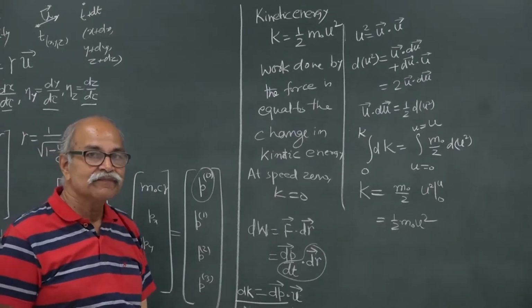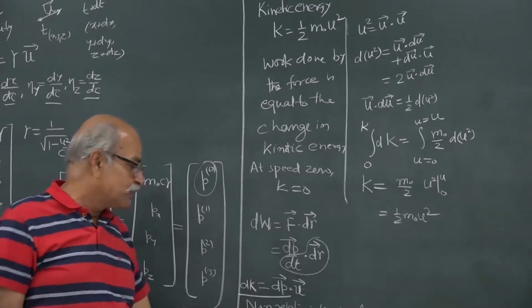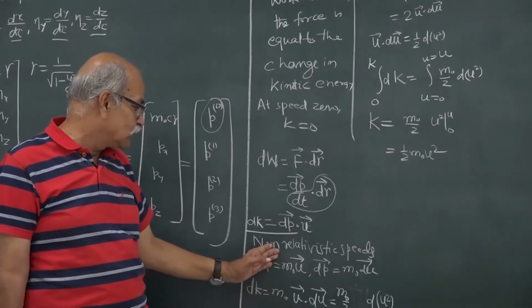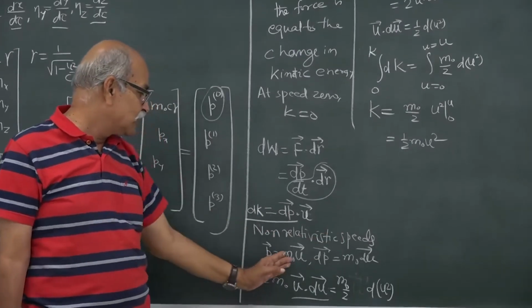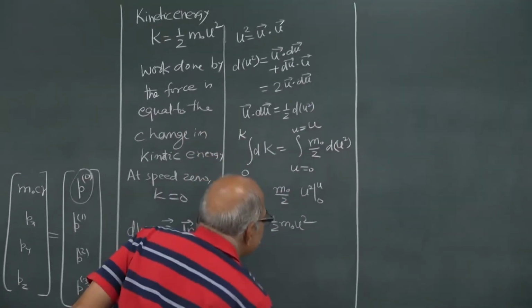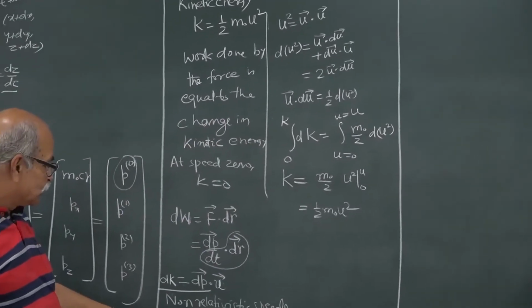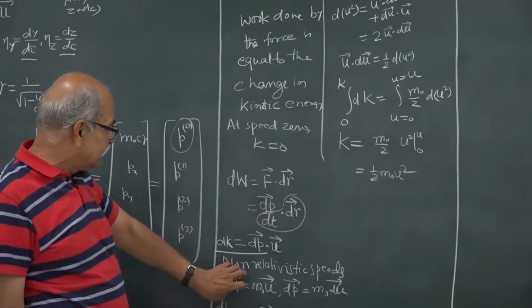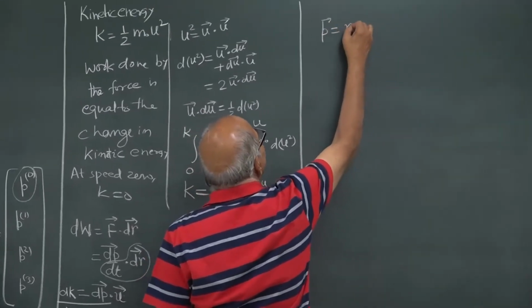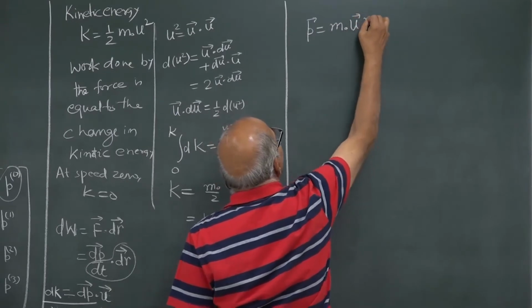What we want is to lift that restriction, the speed can be high. Up to here it is fine, here we are using that non-relativistic speeds p equal to mu, here we have to make changes. So, if we are in this relativistic region, we should use the proper definition of linear momentum, and p is equal to not mass times velocity, but mass times velocity times gamma.